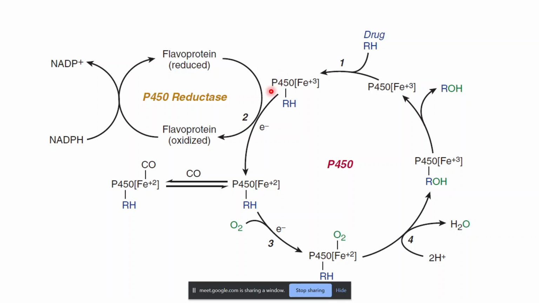Then on the second step, NADPH donates an electron to the flavoprotein P450 reductase. So this is NADPH will donate electron to this enzyme.